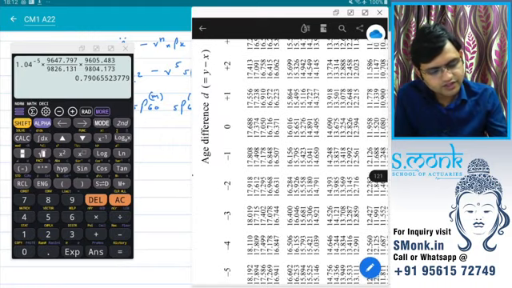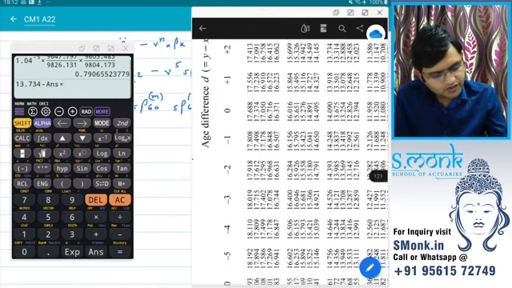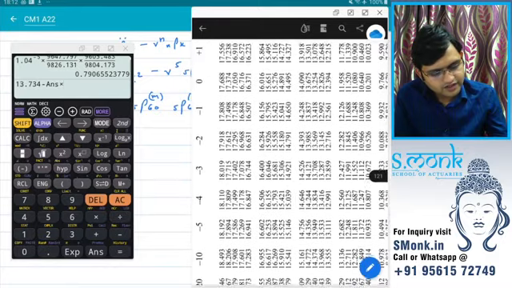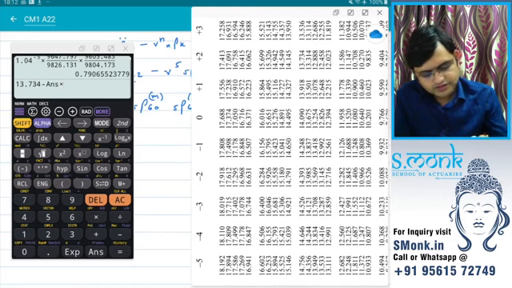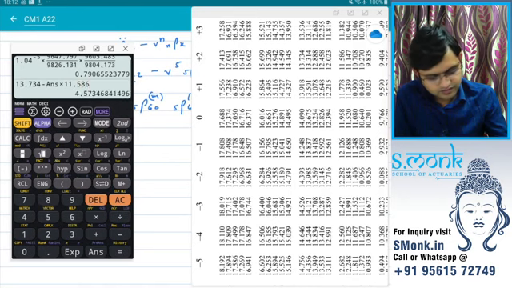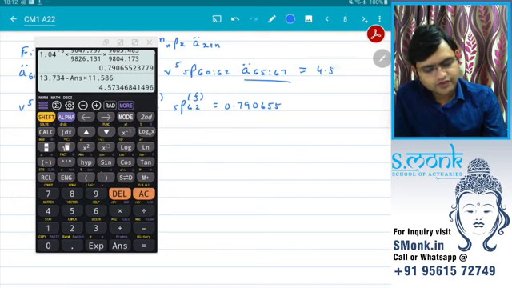Plus 2 gives me 13.734. 13.734 minus the answer into then 65 and then d=2. 65 with d=2 gives me 11.586. So the temporary annuity becomes 4.5735.